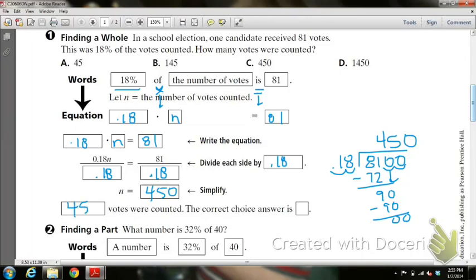So 450 votes were counted. The correct answer is choice C. Okay, so pause the video, fill all that in before moving on.